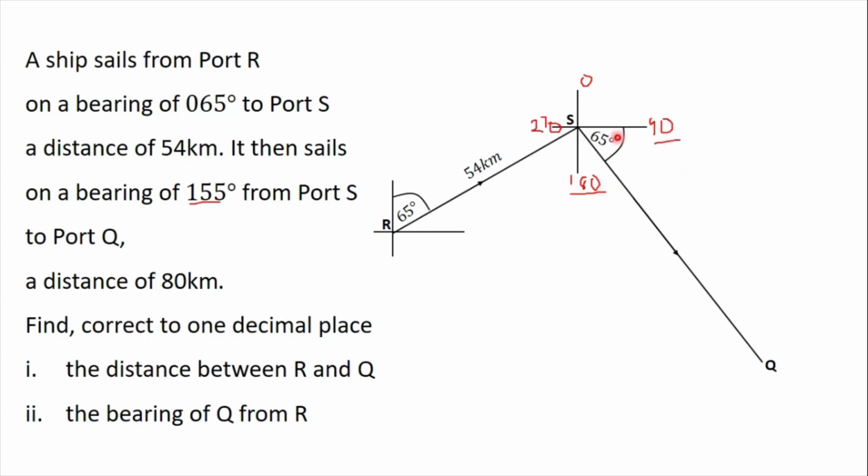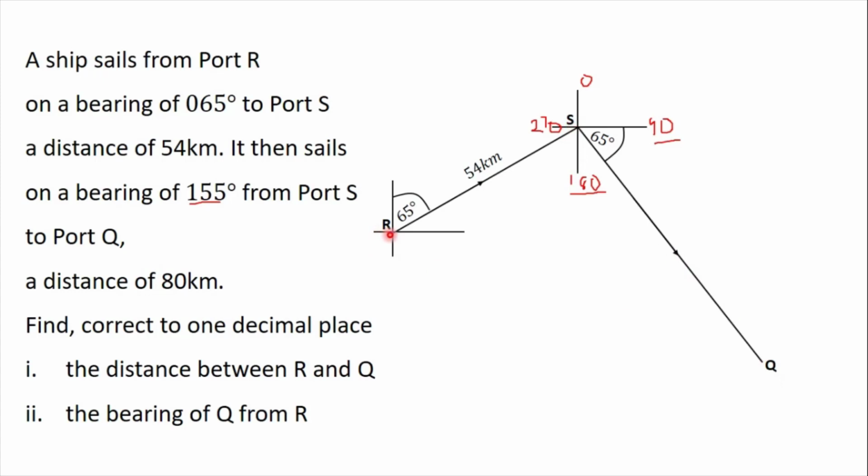So 65 degrees is more than half, it must be shown that it's more than half. So you draw something that is about 65 degrees. Then you draw your line here. The starting point is S and the ending point is Q. Now you see where the arrow is moving towards, showing that it started from S to Q.